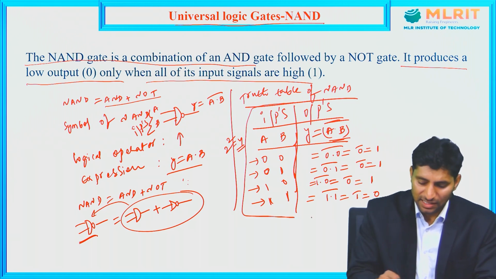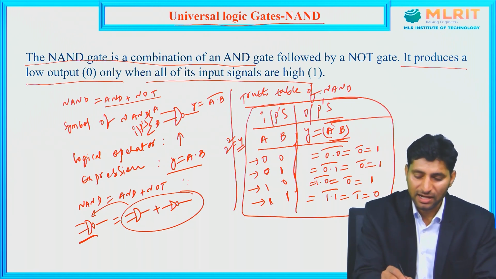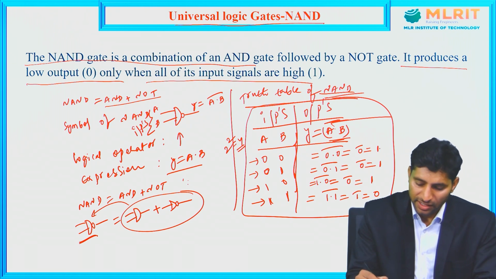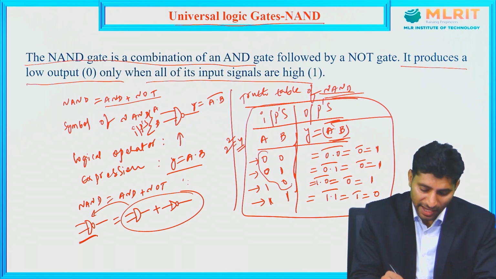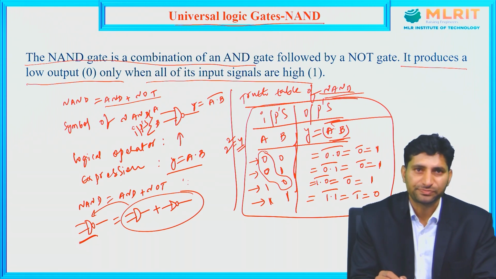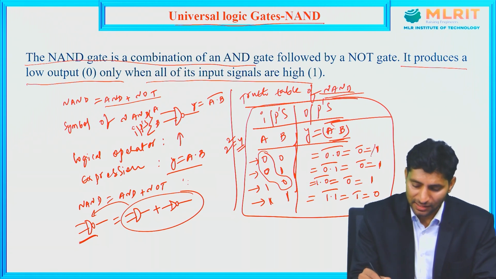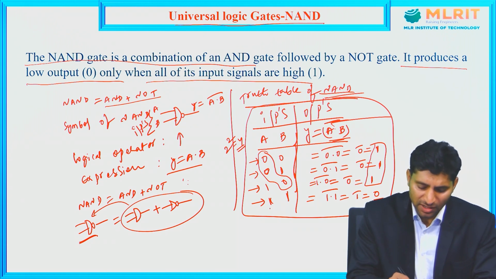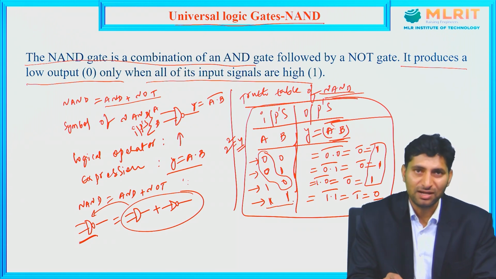If you observe the truth table of the NAND logic gate, the output is 1 when any of the inputs is 0, and I get 0 output only when both the inputs are 1 for a 2 input NAND gate.